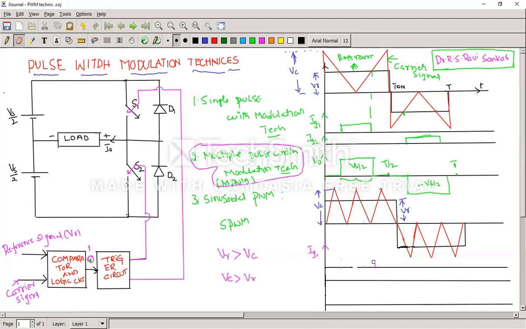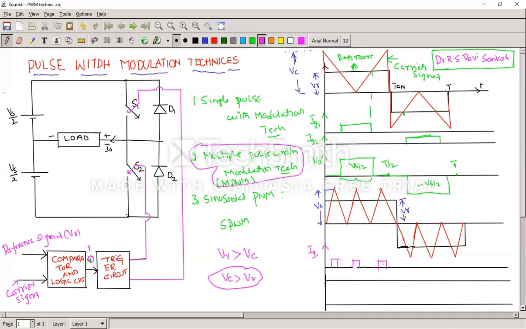now the pulses will appear at this point. Observe carefully the duration in which the carrier signal is more than VR. The same manner here, and here.